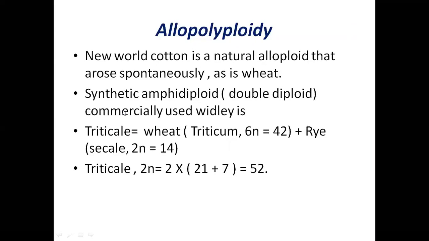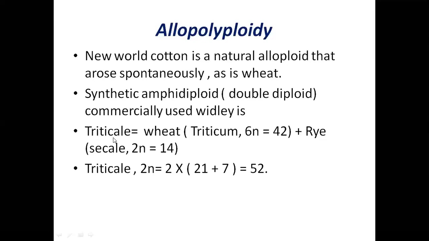Allopolyploids are also synthesized artificially to combine the useful features of the parental species in one type. Only one synthetic amphidiploid, that is a double diploid, has ever been widely used commercially, a crop known as triticale.